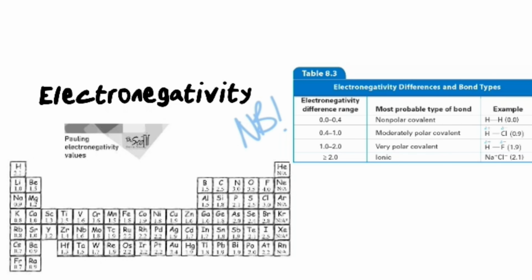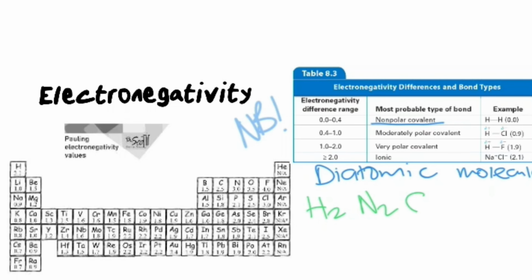We're going to start with the first type of bond, which is non-polar covalent. These exist between diatomic molecules. That's the only way that you would get a 0 as an answer. My examples of diatomic molecules are hydrogen gas, nitrogen gas, oxygen gas, fluorine gas, iodine gas, chlorine gas, and bromine.